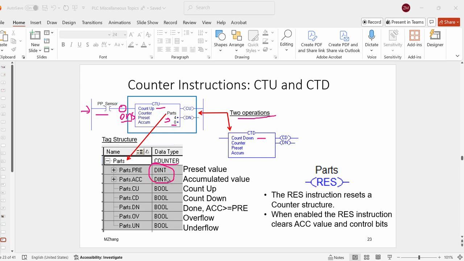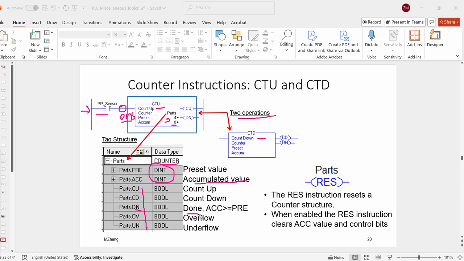One is called preset, the other one is called accumulated value. Then they have different control bits: CU count up, CD count down. When the count up is working, CU will be energized. If you use CTD, CD will be energized.